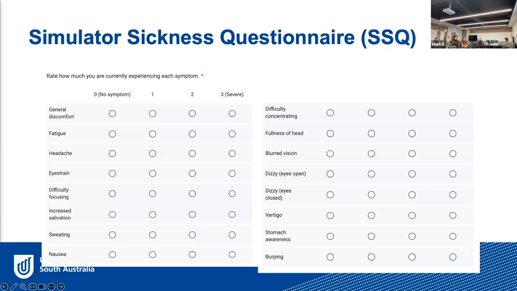It can be categorized as a total cybersickness score, but it can also be classified into a sickness level related to nausea, some eye-related symptoms, and also disorientation. But as you can see here, there are a lot of questions, so it takes time to do this whole thing.